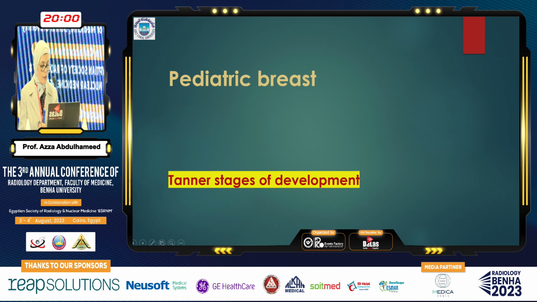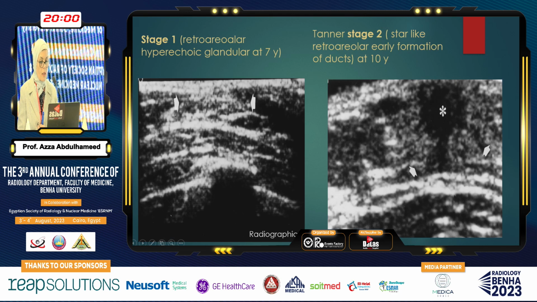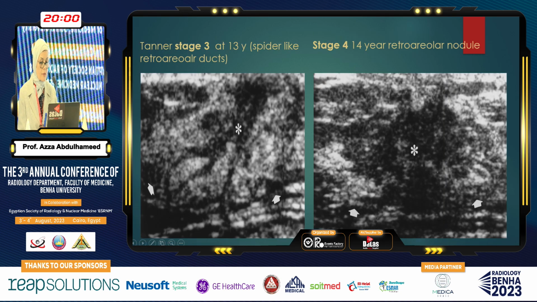For the normal pediatric breast, we should be aware of the Tanner stages of development. In stage 1, at 7 years, you start to see this echogenic retroareolar glandular tissue. At Tanner stage 2, at 10 years, there is a star-like appearance, as you can see here in a retroareolar location.